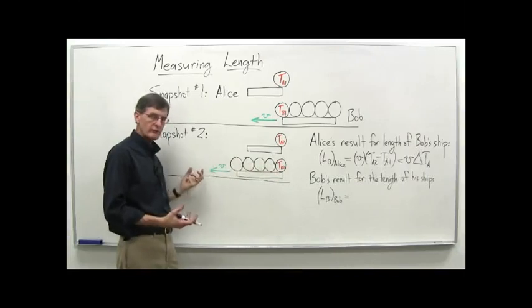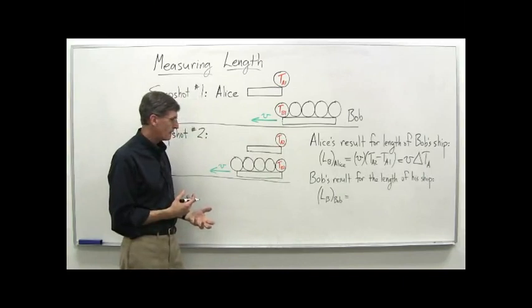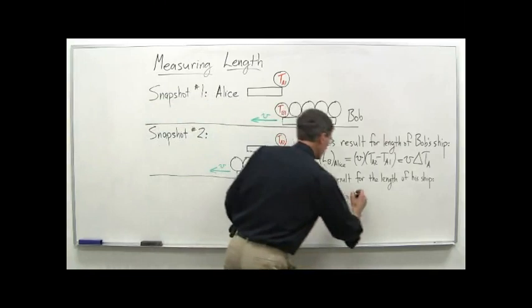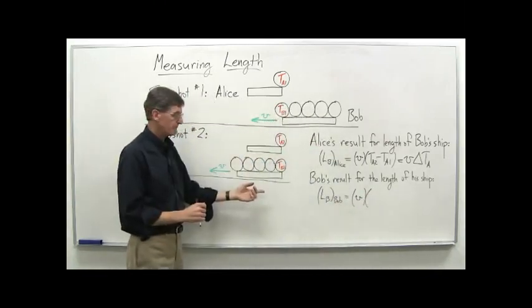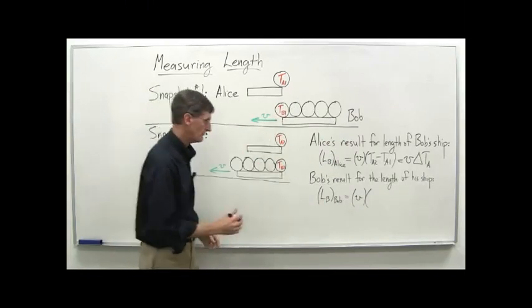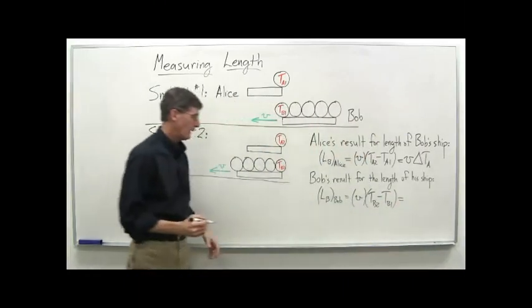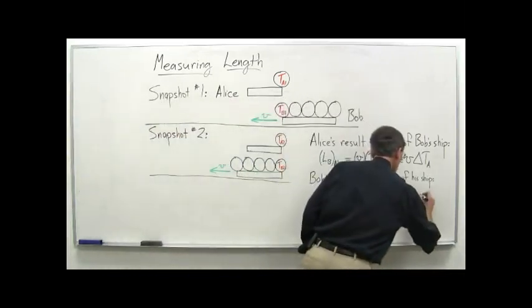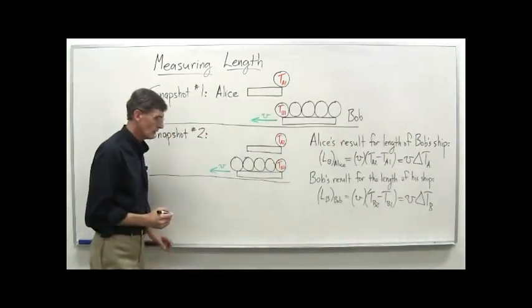He's going with velocity v this way if he thinks he's at rest, and Alice clearly is going with velocity v that way. And therefore, again, the length of his ship is going to be v, the velocity, times the elapsed time on his clocks, TB2 minus TB1. So TB2 minus TB1. And again, we'll just rewrite that using our delta symbol. So it's V delta TB.